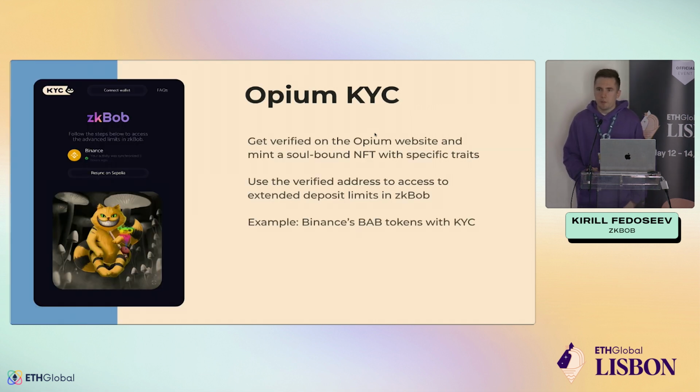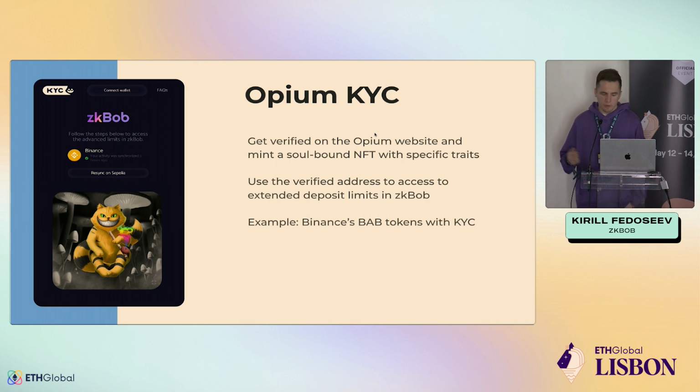And the third approach we are using for compliance is called the optional KYC. So basically, currently we are integrated with this Opium KYC, Know Your Customer solution provider. So the way it works is that you can get verified on the Opium website and mint a soulbound NFT on your wallet, which has some specific traits for the zkBob application. And then you're able to use this verified address from the Opium KYC to actually access zkBob and use the extended deposit and withdrawal limits on your account.